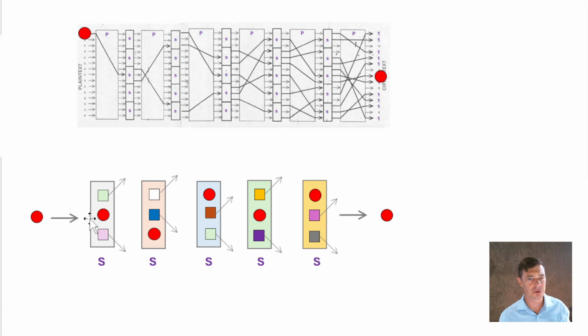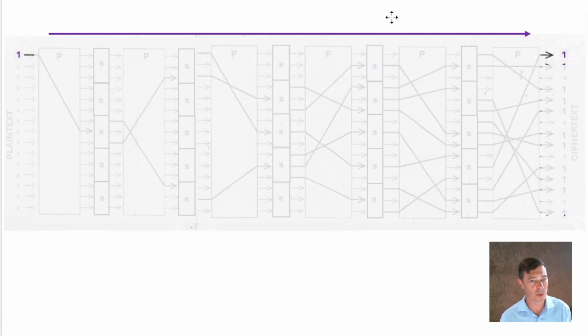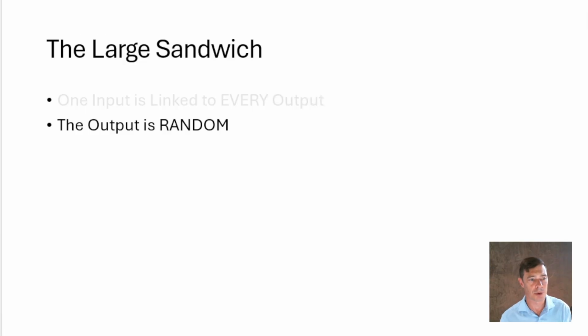As it travels through all the various different types of substitution boxes, it becomes more and more intertwined with the other input bits, and also more and more spreads its influence throughout the process. And in effect, this is what removes this one-to-one link, because now the input is intertwined with every single output.